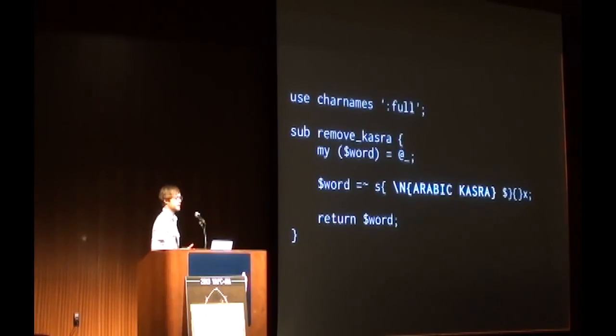So when you're using combining characters or control characters or non-printing characters, this is the method I recommend, because you don't have to look up any conversions from the Unicode code point value to the name of the character. You can just use the name up front. And if you're using Perl 5.16, you don't have to specify use charnames ':full' because it's already done for you.